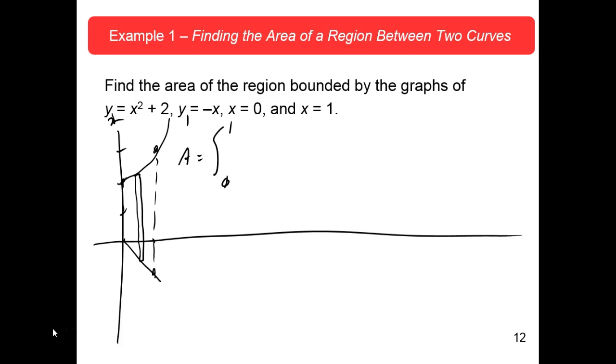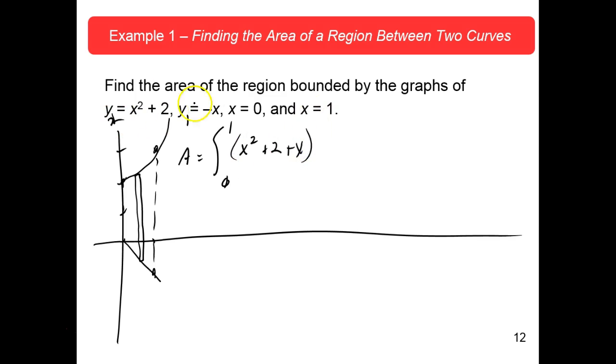The area between these two curves and between x equals 0 and x equals 1 would be the first y here, x squared plus 2, minus a minus x, which would be plus x.